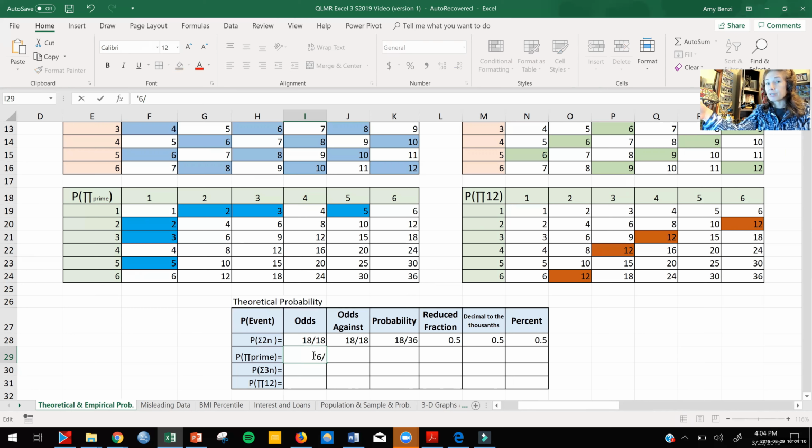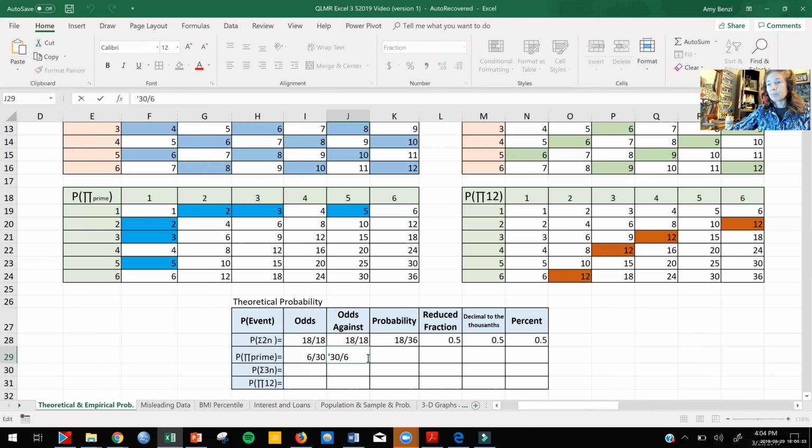Well, 36 minus 6, so out of 30. So the odds against rolling a prime, that means my favorable outcome is not rolling a prime, are just the reciprocal of that, 30 over 6. Literally just the reciprocal means to turn it upside down.